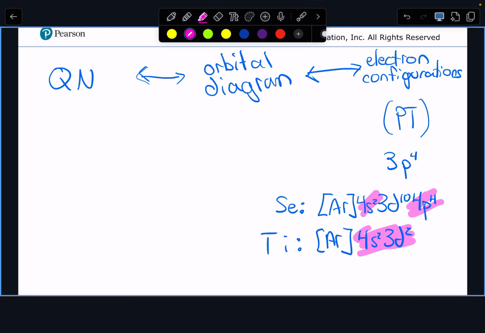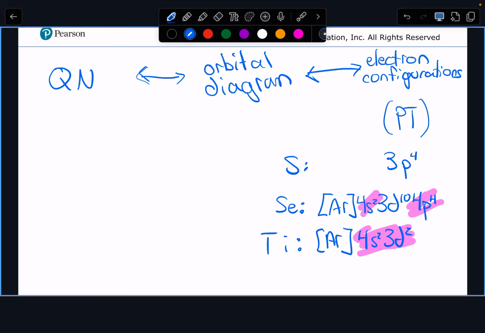Okay, so when we are now looking at sulfur, this is what I mean by throwing stuff at you that I think is important information. When we're looking at sulfur, we said based on its location on the periodic table, we know what the valence electrons are, the outermost ones at least. And for a main group element, it has to be the s and the p.